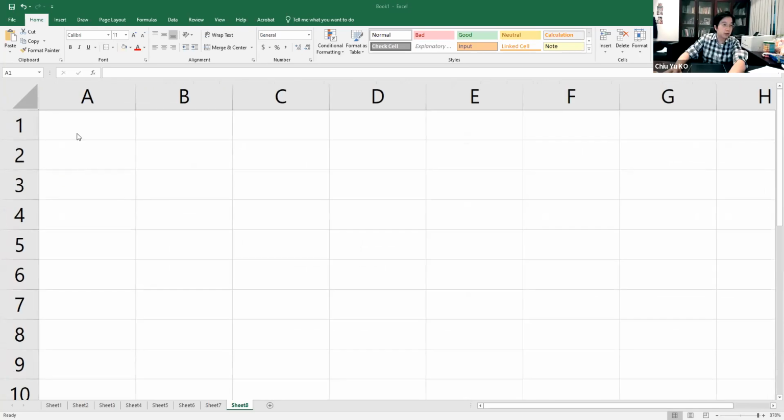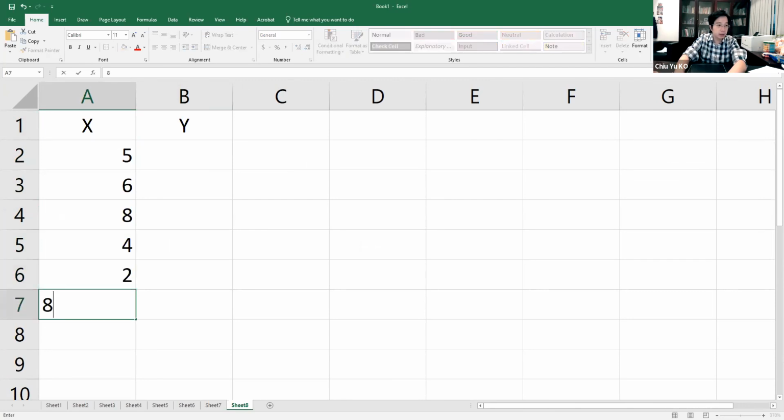this is a spreadsheet. I hope you can see my spreadsheet. Suppose this is data X and Y. I just randomly made up some data here.